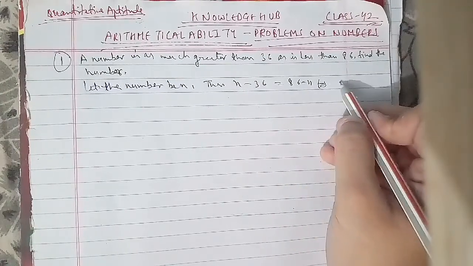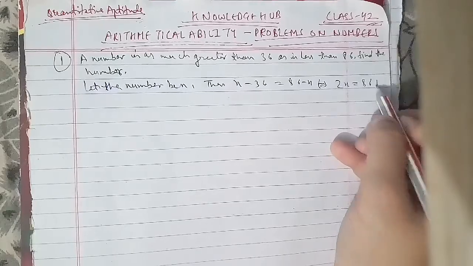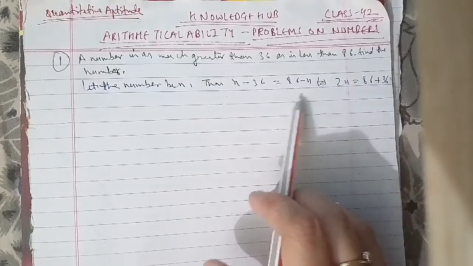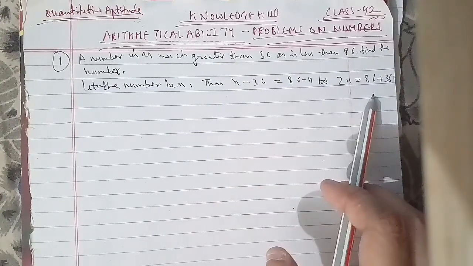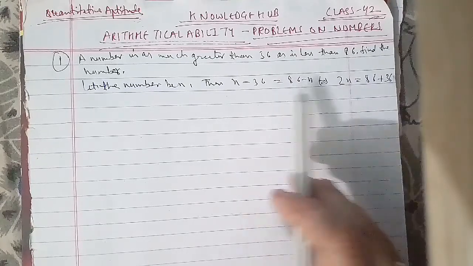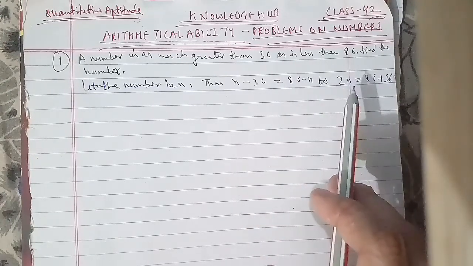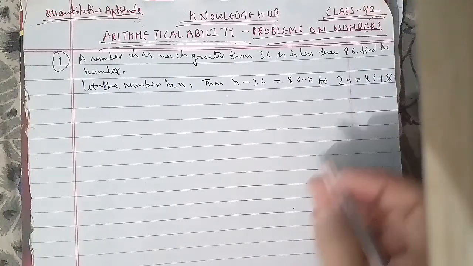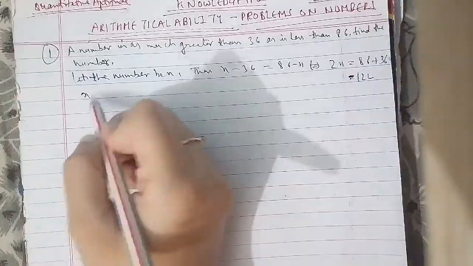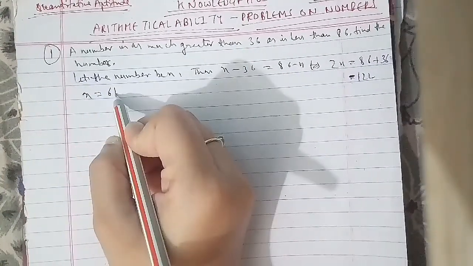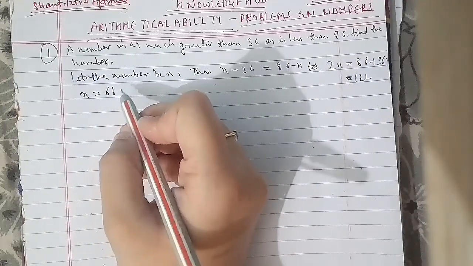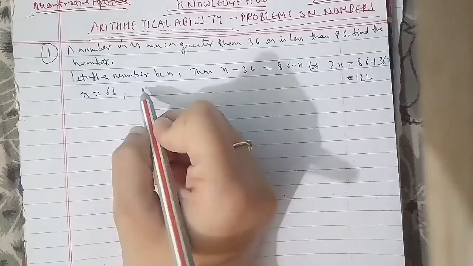So 2x equals 122, and x equals 61. So the required number equals 61.